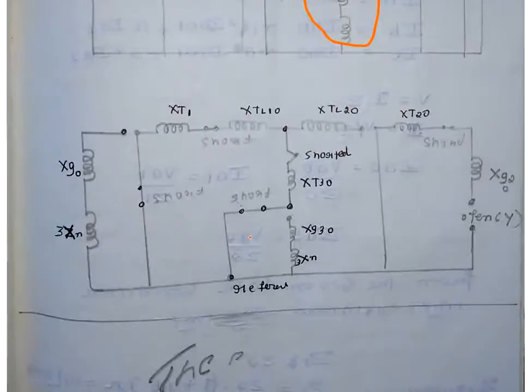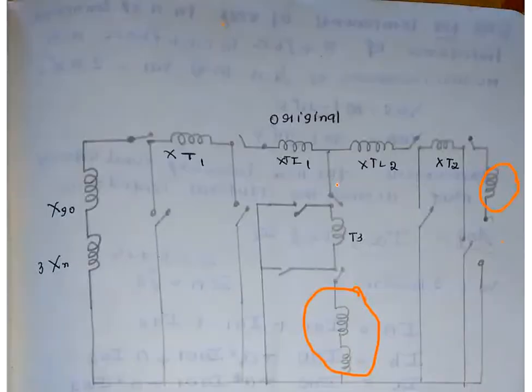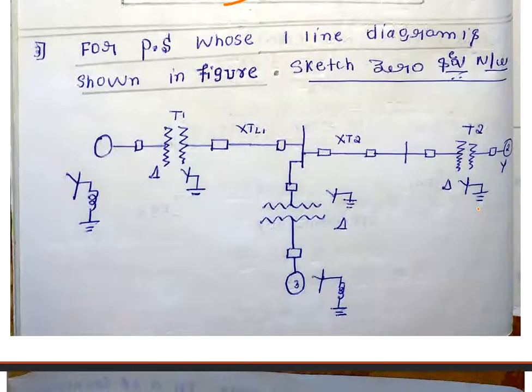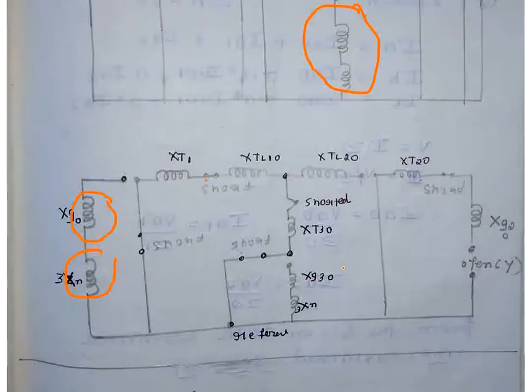Now you can see here this and this: it is a neutral impedance and this is a zero sequence impedance of a generator, which is open and it is shorted. Again it is star grounded, so it is closed. Further there is a transmission line. Again this is delta star connected, so on the primary side the parallel switch should be closed and on the secondary side the series switch will be closed.